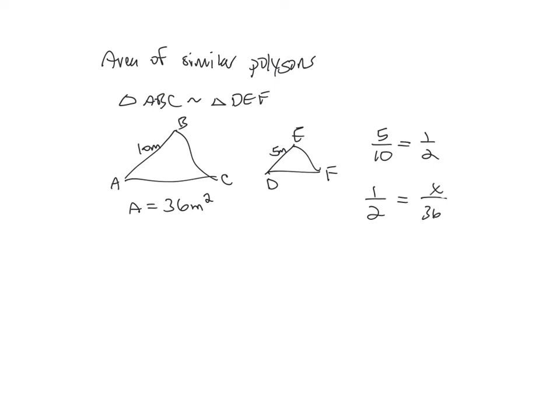Okay, and that's what we would do if it was perimeter. But because it's squared, you have to square the scale factor. 1 times 1 is 1, 2 times 2 is 4. So instead of having a 2 here, you're going to have a 4 here.